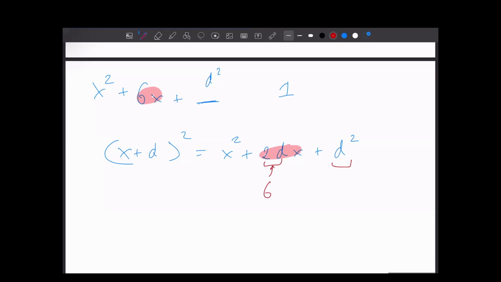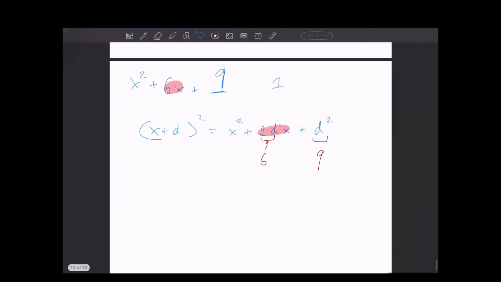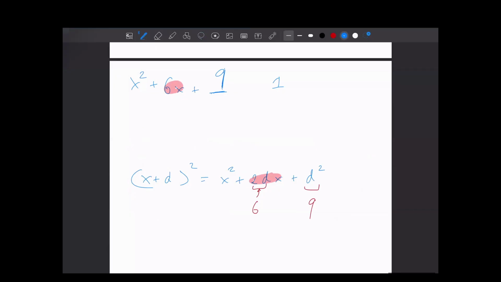And how did you get that? 2d is 3 times 2. Very nice. So you first divide this by 2 to get d, and then you square it to get your d squared, right? Perfect. Awesome job. And that's exactly the term we want here. If you get 9 here, this will factorize perfectly as x plus 3 squared. And you can confirm that if you expand this, it gives you exactly this.